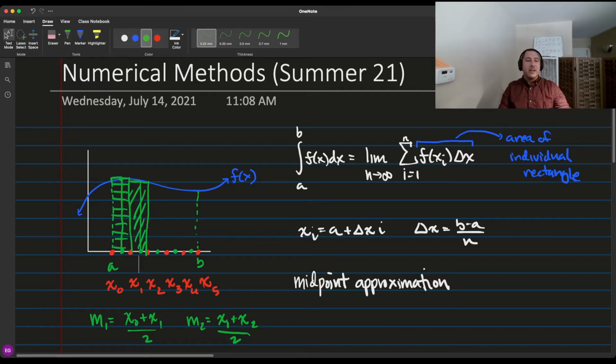Now this is different than the left and the right endpoints because the height's determined by the middle. So notice if you want mi, you can look at m1. You see how it agrees with this one over here? So your mi is going to be equal to (x_{i-1} + x_i) over 2.